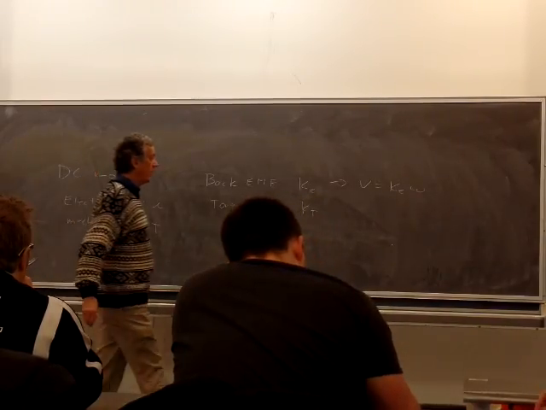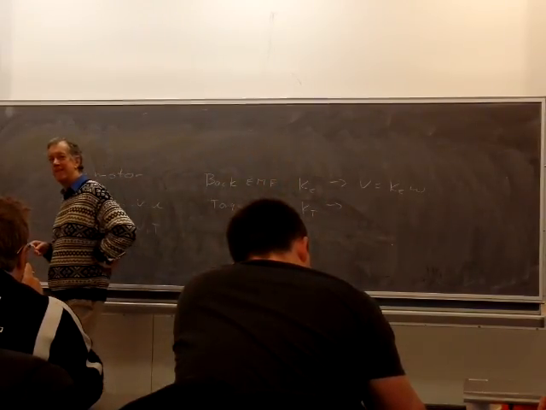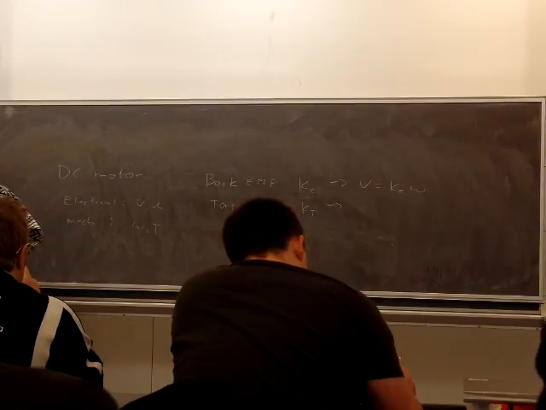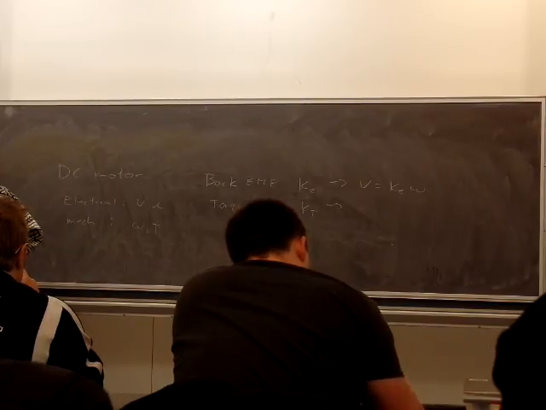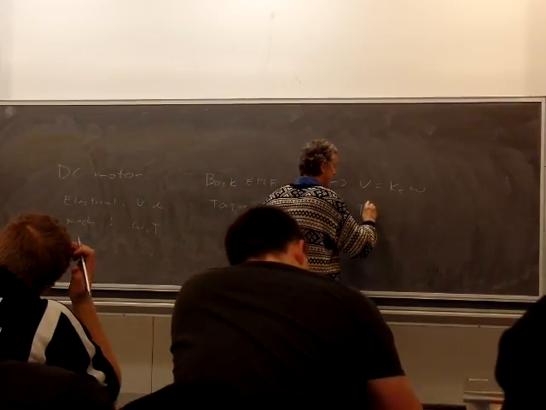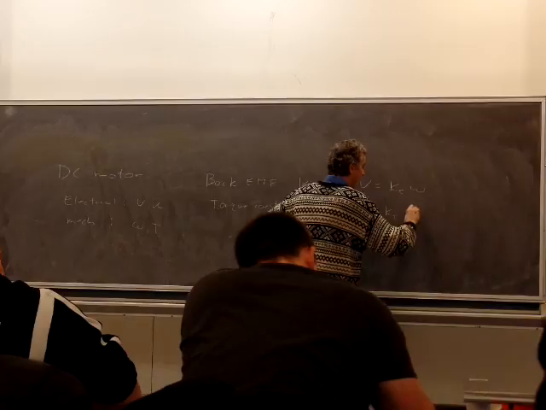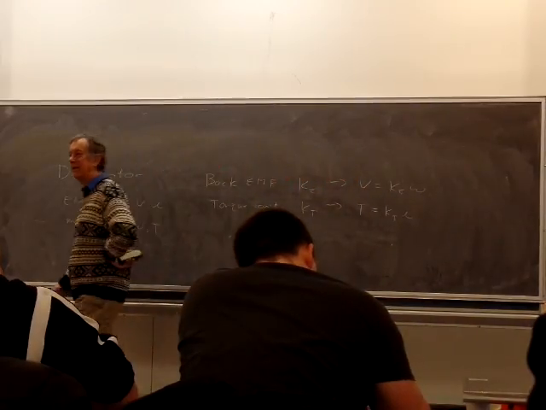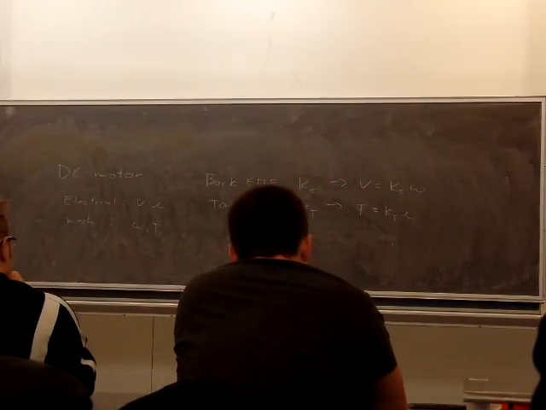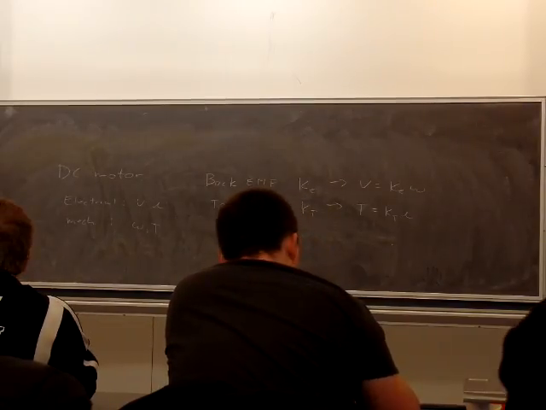All right. How about torque? Remember that one? Torque is equal to the torque constant times the current. So the dimensions of the torque constant are torque over current.